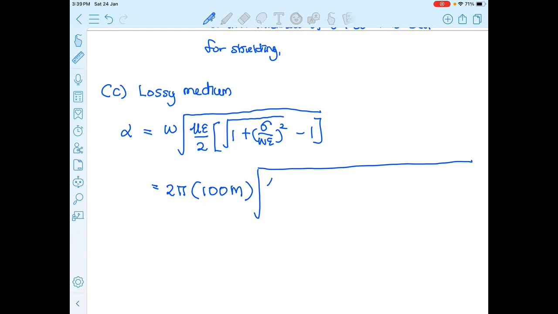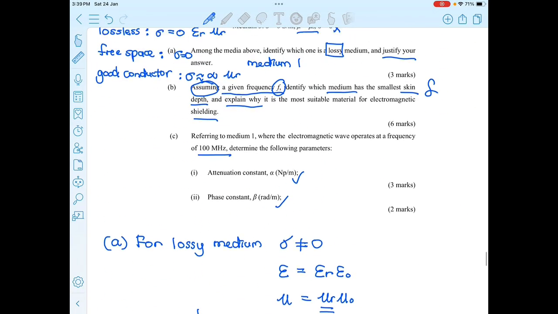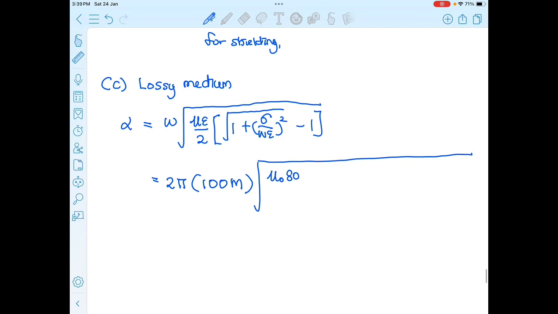So for this, because there is no mu r, mu equals mu naught, and epsilon equals 80 epsilon naught, over 2.